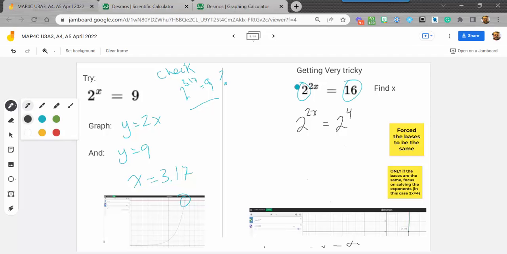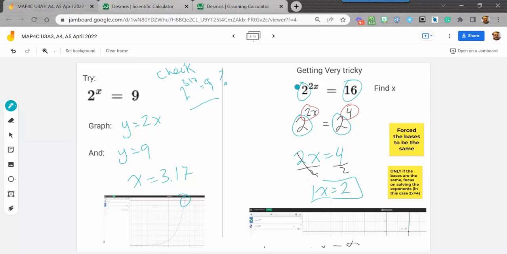Now my bases are the same, so that means the exponents must be equal. And I'm left with 2x equals 4. I want x on its own. We know from solving equations we divide both sides by 2, and we're left with x equals 2. Okay, I forced the bases to be the same. In this case, 2x equals 4 because the exponents had to be the same, or x equals 2.